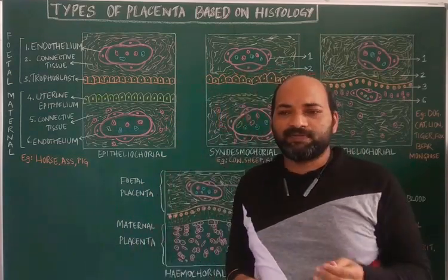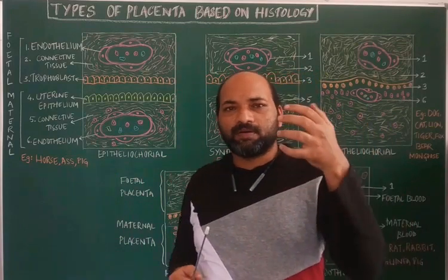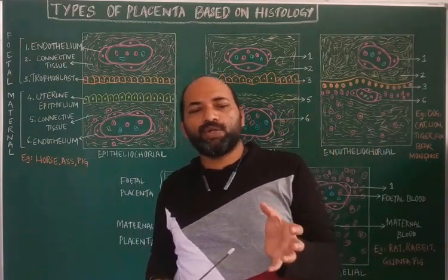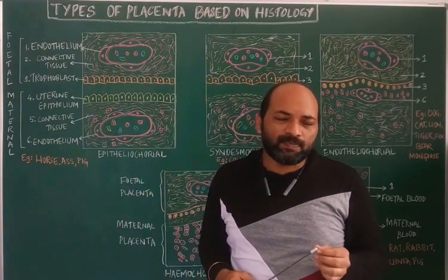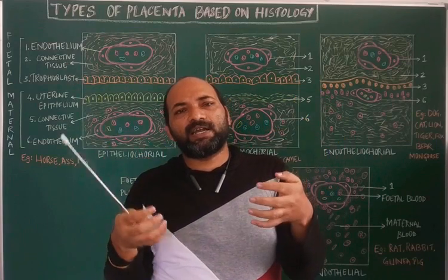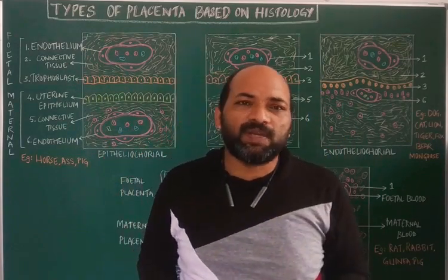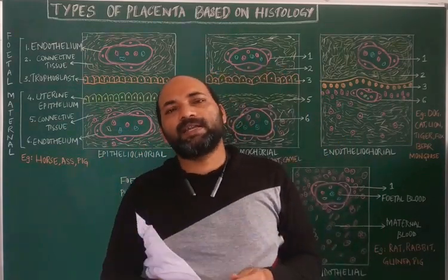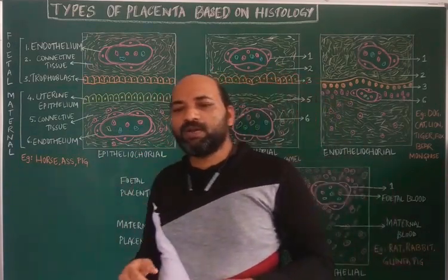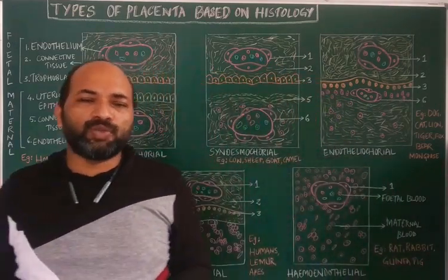Thereafter, we have the second type, called the chorioallantoic placenta. Here the placenta is derived from the chorion as well as the allantois, hence the name chorioallantoic placenta, which is commonly seen in eutherians.